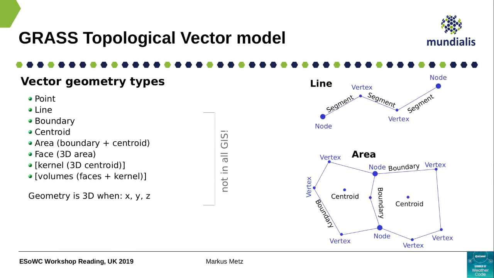Instead, like in the real world, it's consisting of boundaries that constitute an area. So sticking to the example of Portugal, we have different boundaries, the coastline and the common border with Spain. And the common border with Spain together with the coastline constitute the area of Portugal.